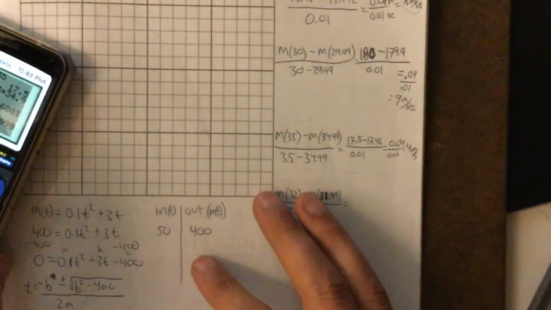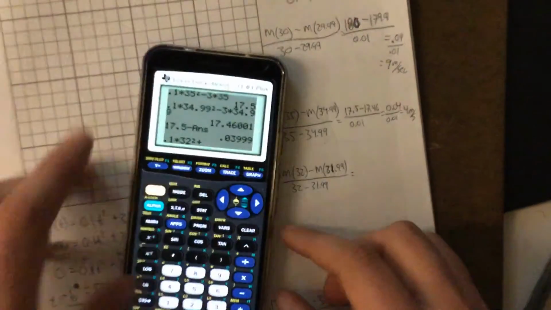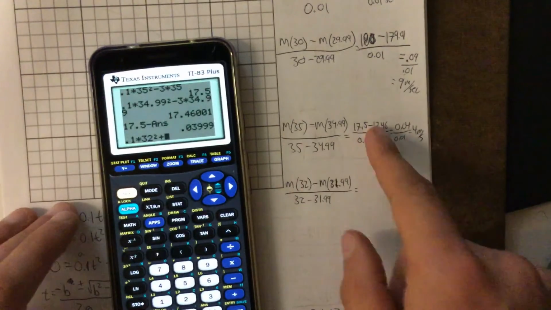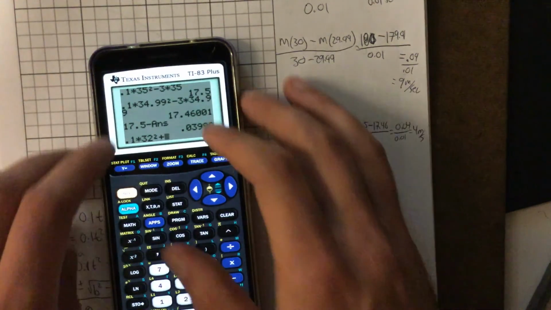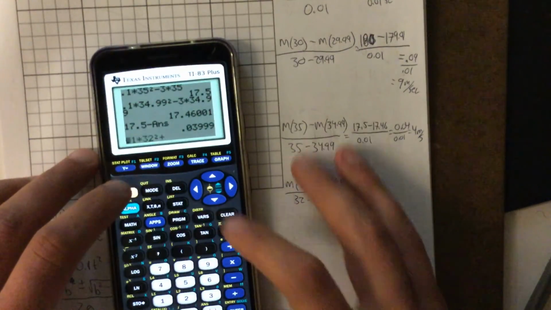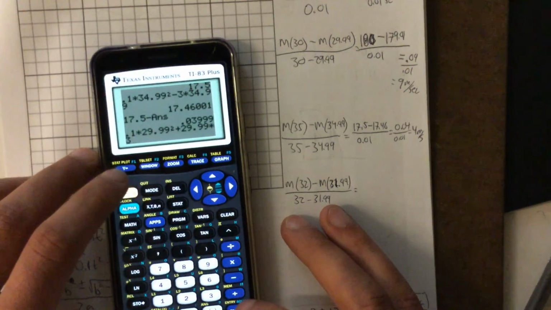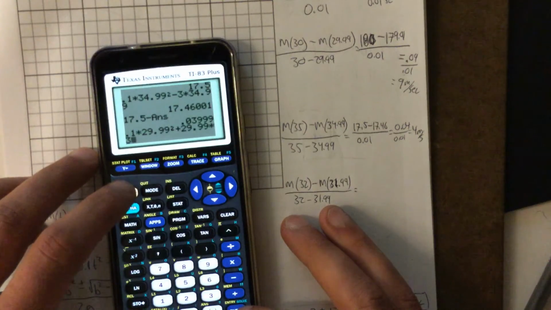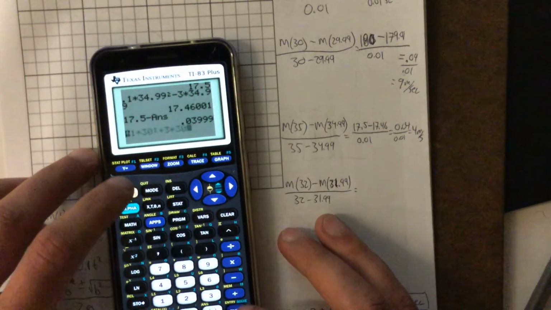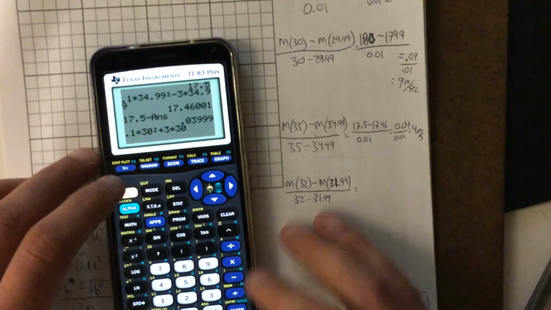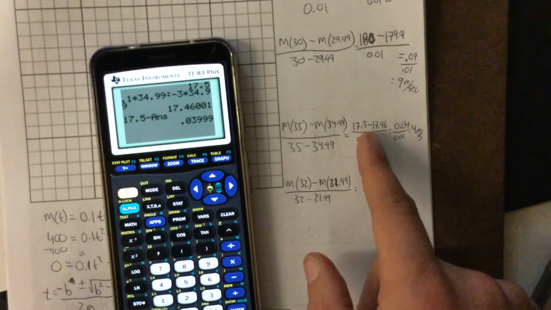I did do minus. It's supposed to be plus. I totally did mess up. Okay, let me double check these numbers. So, clear. I'll just replug them in instead of looking for them.